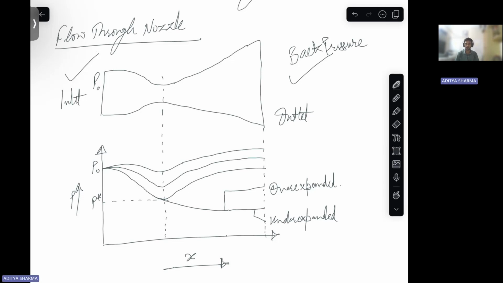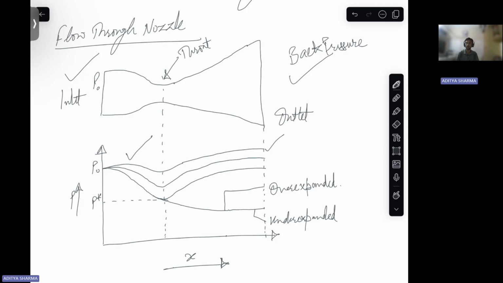So how it changes, let's see. So let's say at some point we have this back pressure. So in this case, if you see this section up to throat, your pressure is decreasing.